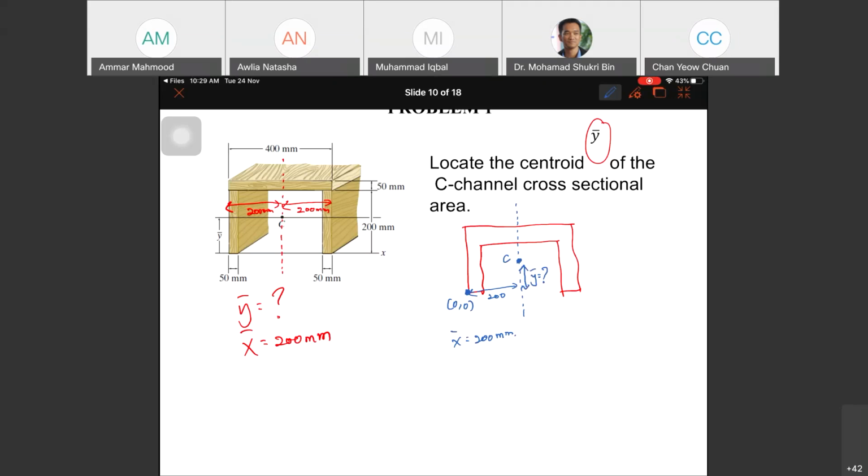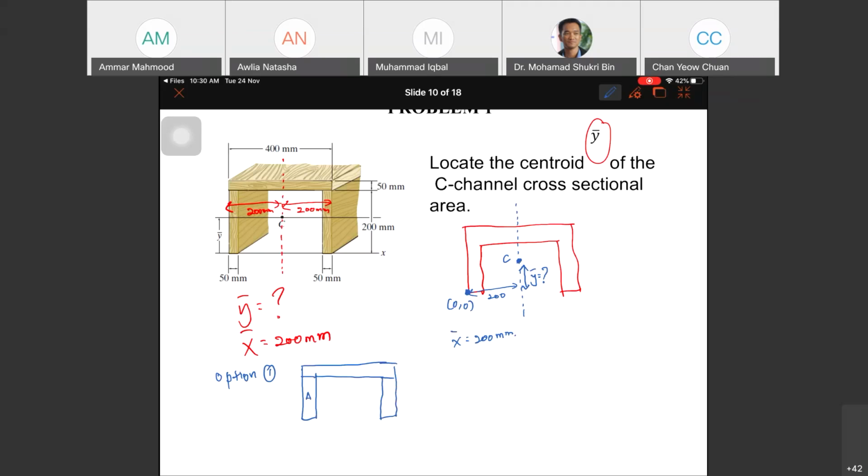Can we find the Y bar? There are several methods on how you want to divide the area. So option 1, you can divide by 3 areas.